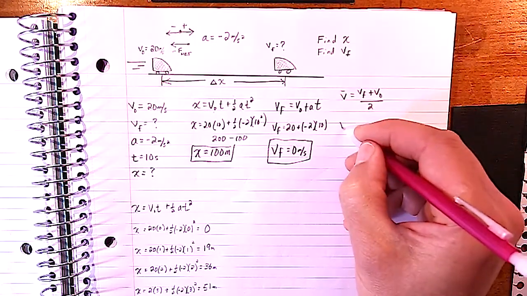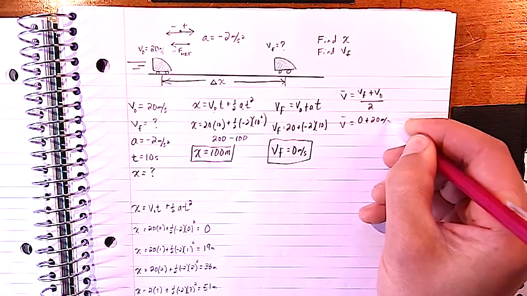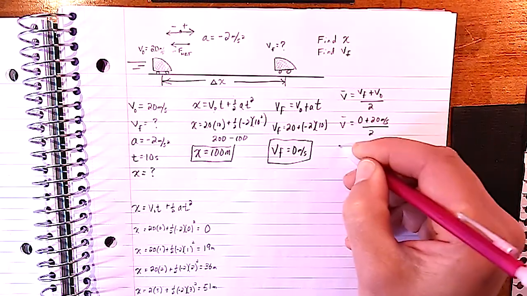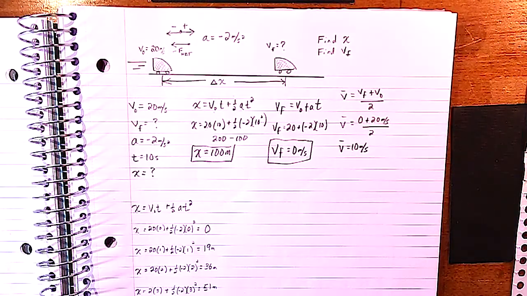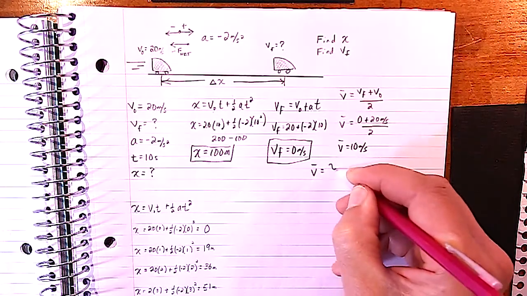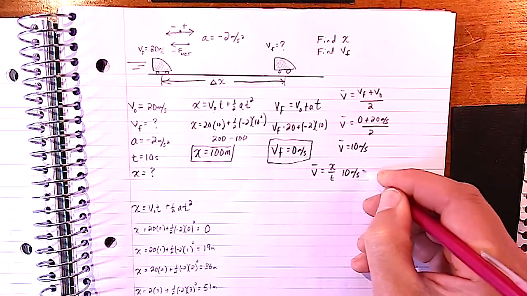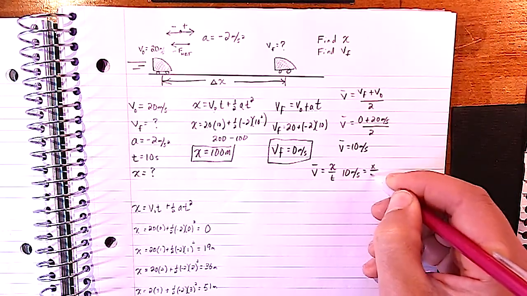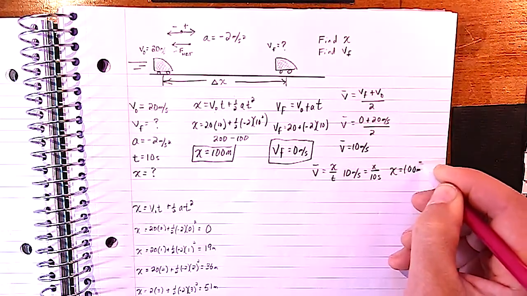And since it started at rest and uniformly accelerated, we can say that the average velocity was 10 meters per second. It was averaging 10 the whole time. Well, if that's true, then we can do v average equals x over t, and we can say that 10 meters per second is equal to x over 10 seconds, and we get the same answer of 100 meters.